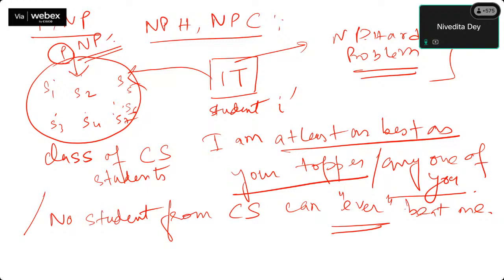So I am at least as good as any of your CS students. Alternatively, I am at least as hard as any of the problems in your NP category, where NP is equivalent to the computer science class.